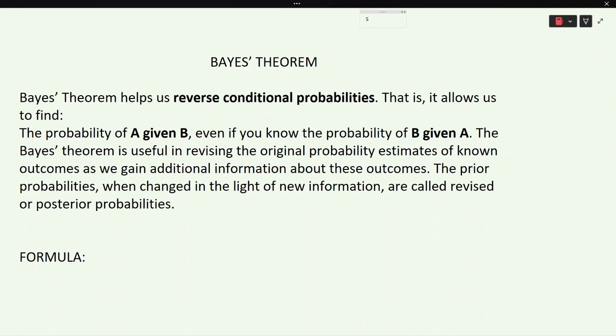That is, it allows us to find the probability of A given B, even if we only know the probability of B given A. Also, Bayes' theorem is useful in revising the original probability estimates of known outcomes as we gain additional information about these outcomes. The prior probabilities, when changed in light of new information, are called the revised or the posterior probabilities.